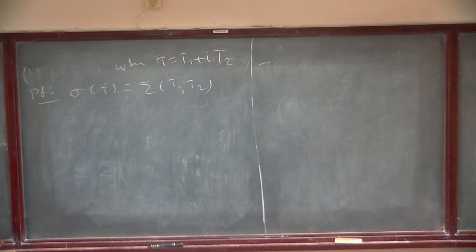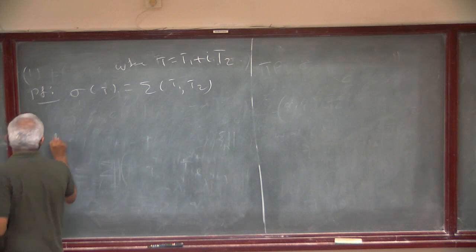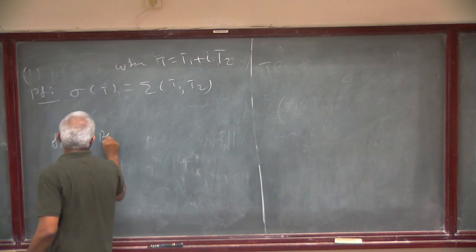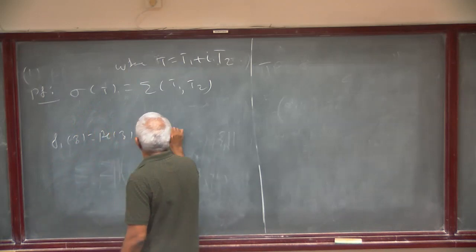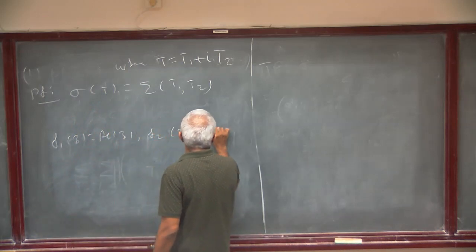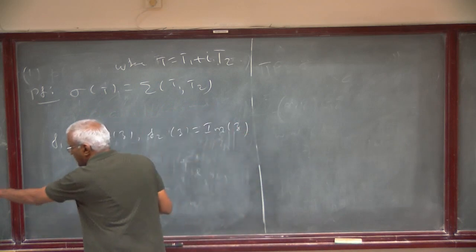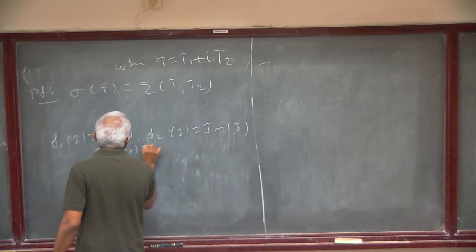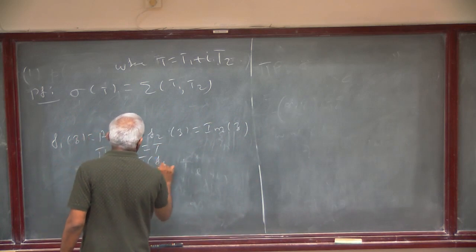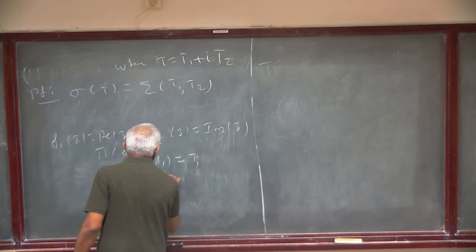F1 of Z is equal to the real part of Z, F2 of Z is equal to the imaginary part of Z. Then by the previous theorem, you get one single, if f0 of Z equals Z, this means that pi of f0 equals T. That means if you have the function F1 of Z equal to real part of Z, and F2 of Z equal to imaginary part of Z, then pi of f0 equal to T will imply that pi of F1 is T1 and pi of F2 equal to T2.